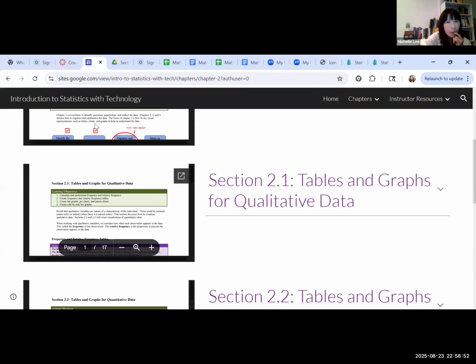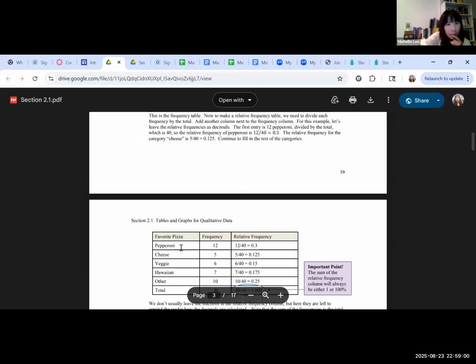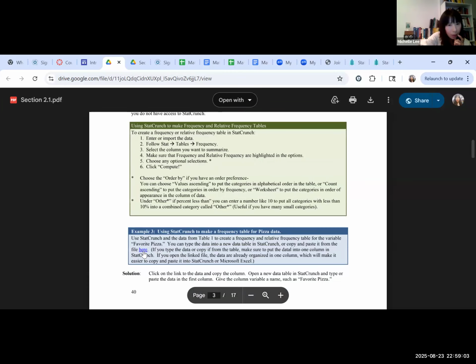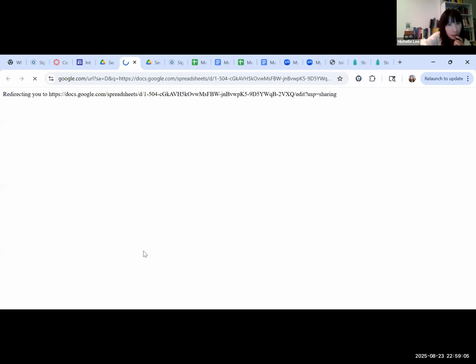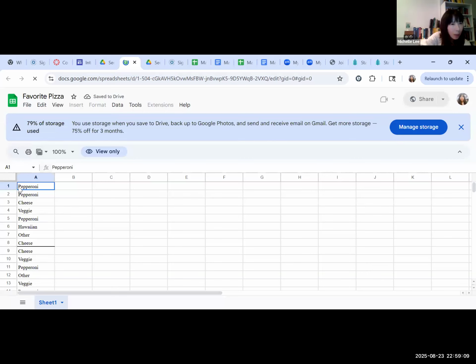Okay, so what was it? So this one, right? So 2.1, there is a data set here. I'm going to click that. Okay, there is a nice data set. So I'm going to make a copy.